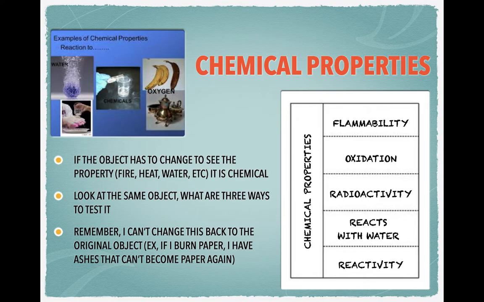If I put it over a fire, I can see if it's going to catch fire or is it just going to kind of melt. When I put them through the test for their chemical properties, these are chemical changes that I can't undo. I can't scratch it off and make it new again. So these are typically permanent, and they're creating a new property.